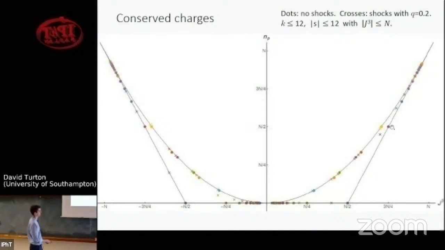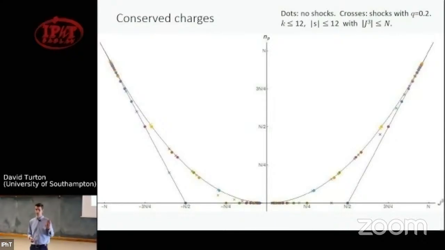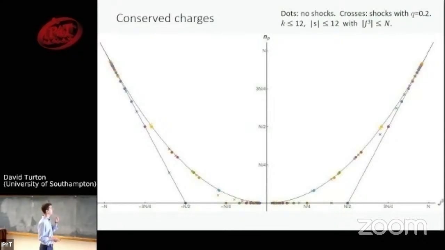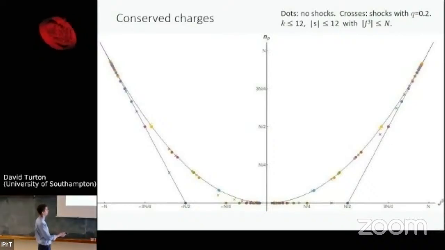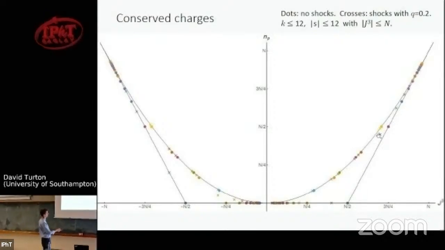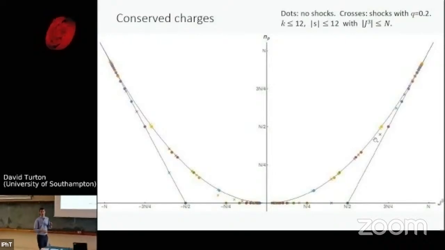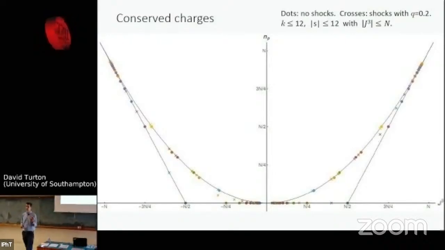The cross is the solution with the shockwave, with some particular strength, Q equals 0.2, just chosen for the purpose of plotting. And what you should think is that there's a family of solutions with shockwaves that interpolates between this extreme, more atypical state here, all the way towards the BMPV parabola, but never crossing over. It's always staying slightly outside the parabola.